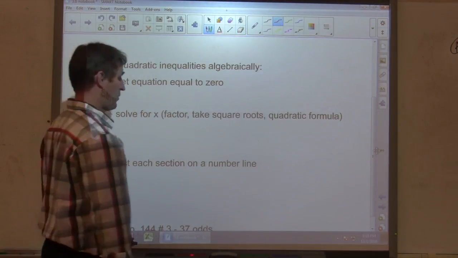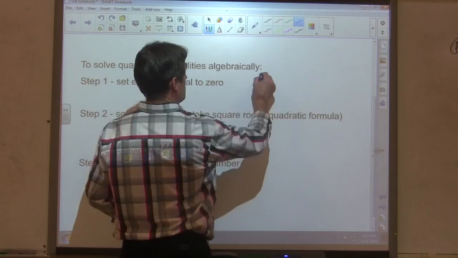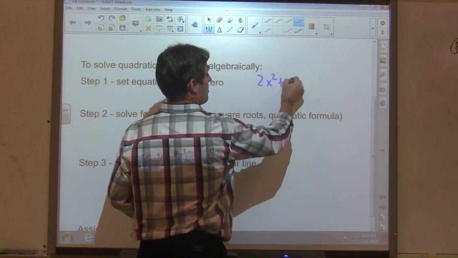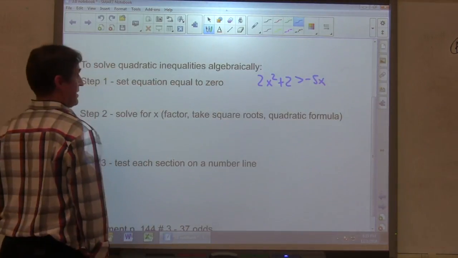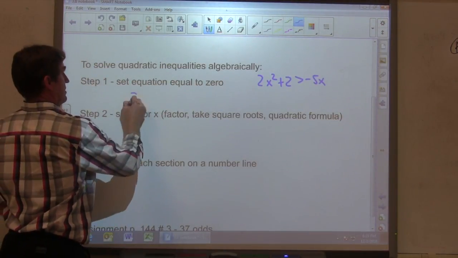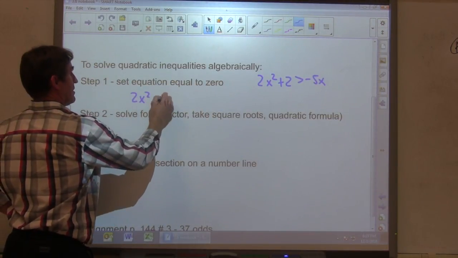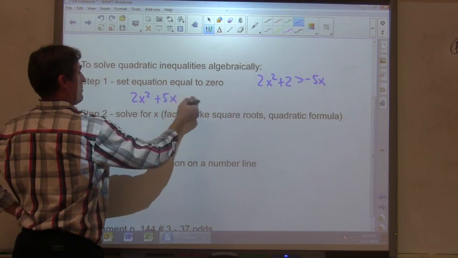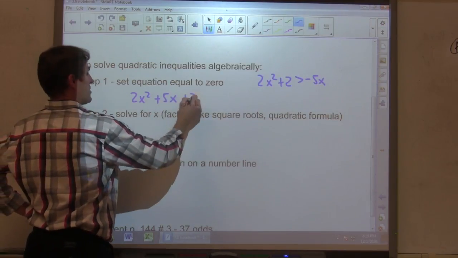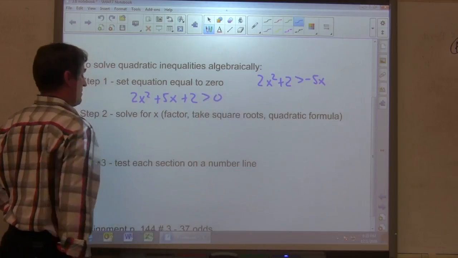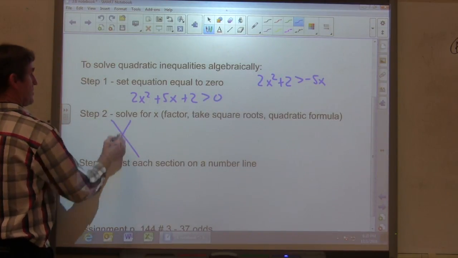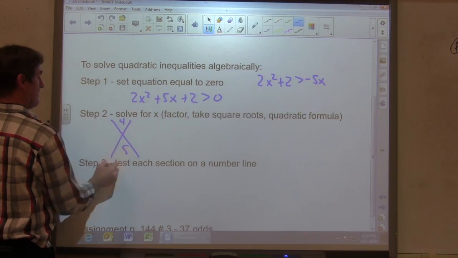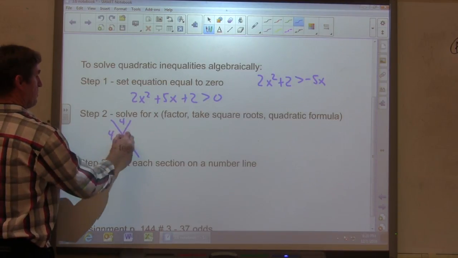So lastly, let's take one more. 2x squared plus 2 is greater than negative 5x. Set it equal to 0. Move the 5x over by adding it. Plus 2 is greater than 0. Factor that. 2 times 2 is 4, 5, so it would be 4 plus 1.